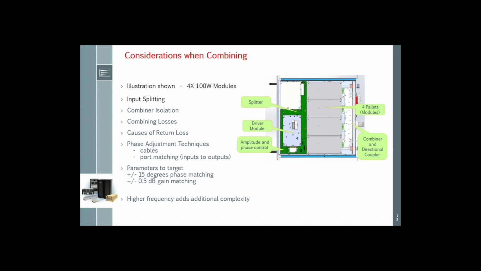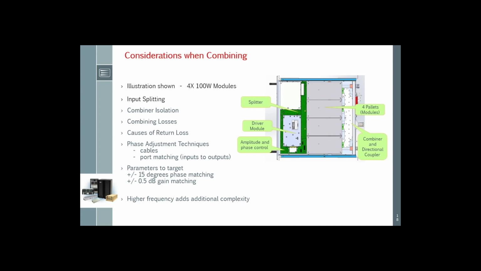The connection between your modules and your combiner needs to use perfectly phase-matched cables and cables that are stable for phase and amplitude. So those are special cables, and you need to be sure that you are using the correct cables.